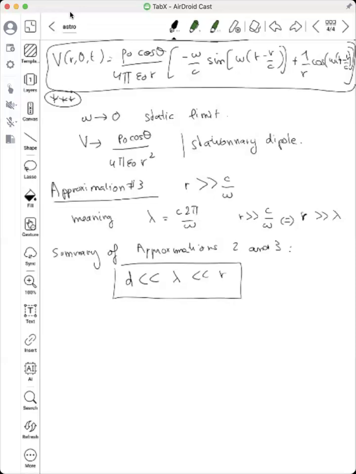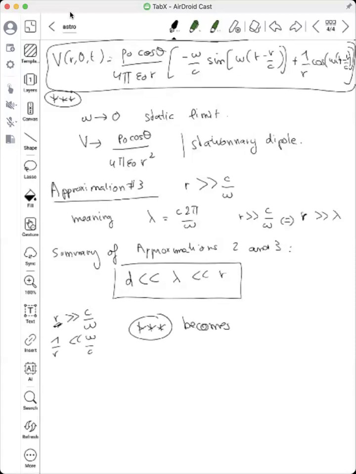Now let's look at what this will do to my potential. If R is much larger than C over omega, of course, 1 over R is much smaller than omega over C. I'm putting these asterisks because you're not seeing me, so you're not seeing where I'm pointing.